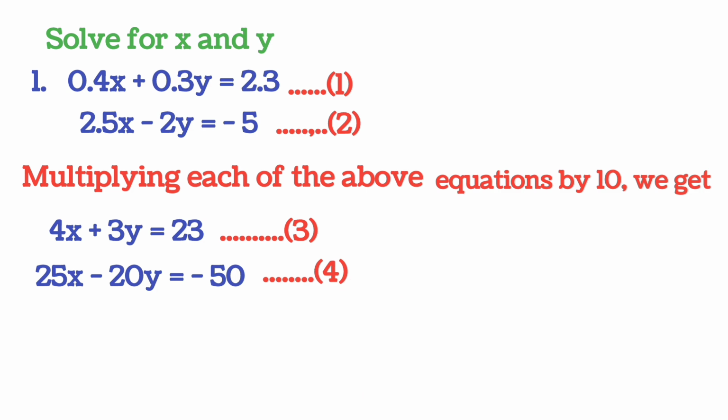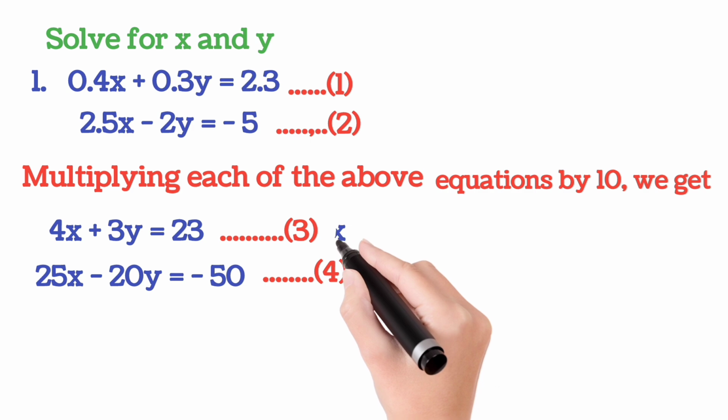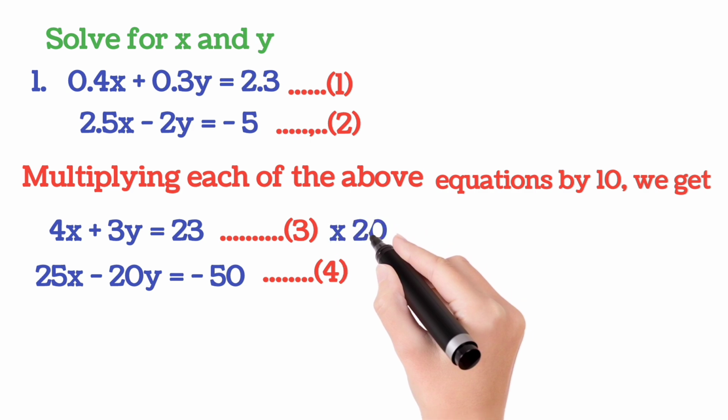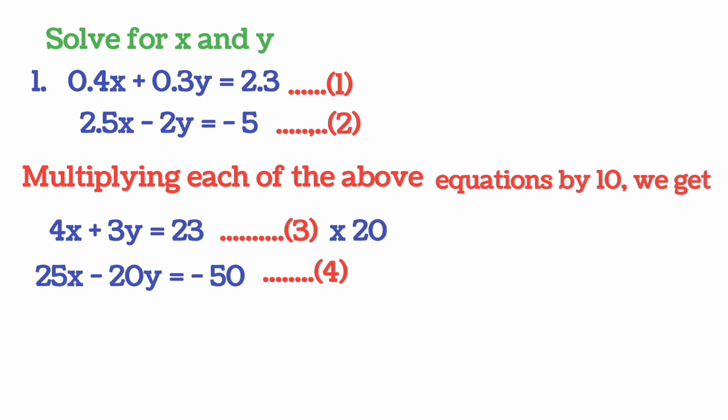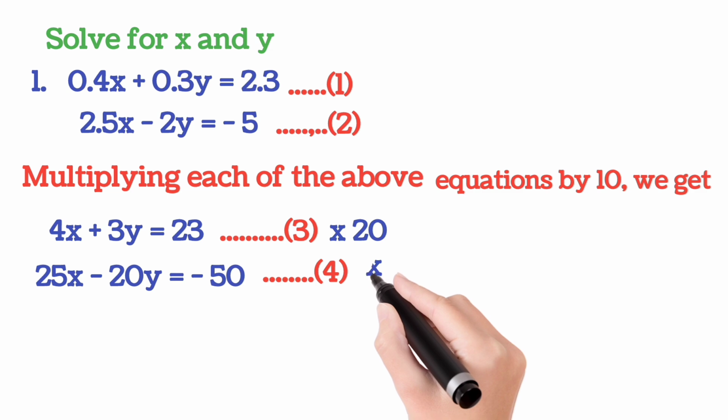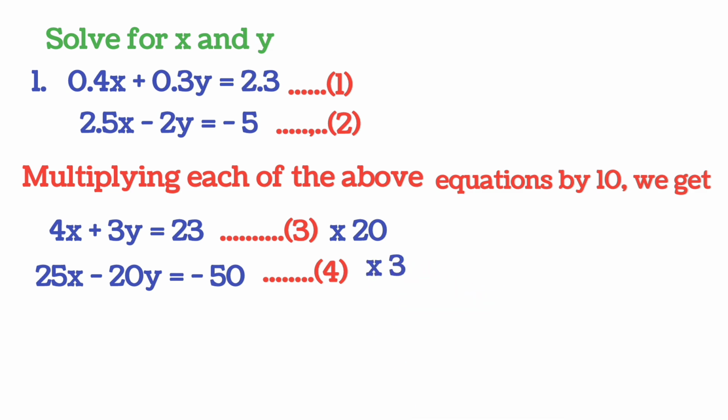In the last video I told you the first step is to make the numerical coefficient of any one variable equal. Here we will make y equal. So for that we are multiplying equation number 3 by 20 and equation number 4 by 3.